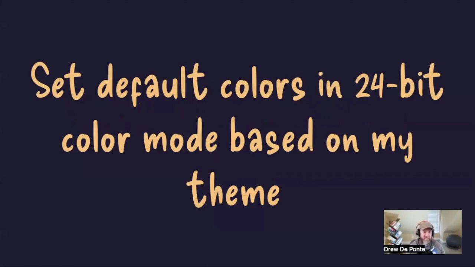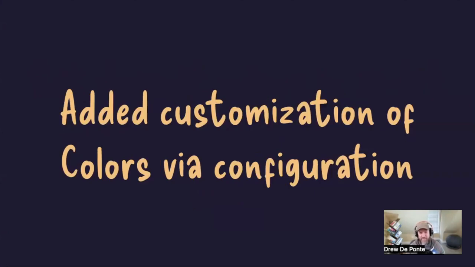And we also set the default colors in 24-bit color mode, and those are all based off my personal color scheme that I use. But you may not like those, or maybe you need colors to be slightly different. That's fine. It's fully customizable. You can configure the colors however you want. It's all up to you. And that is patch series support.